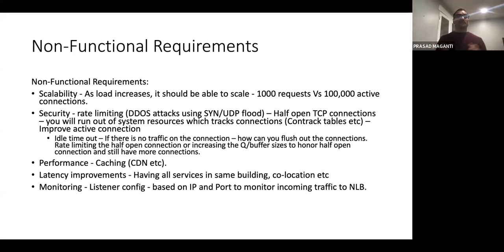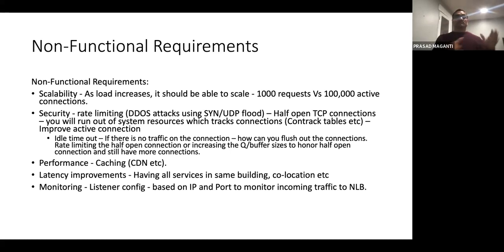And then you can talk about performance. If you are trying to reach some server in a different geographical location, how do you improve your latencies? How quickly can you retrieve the data from your servers?